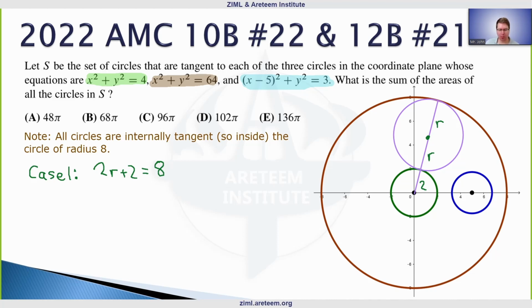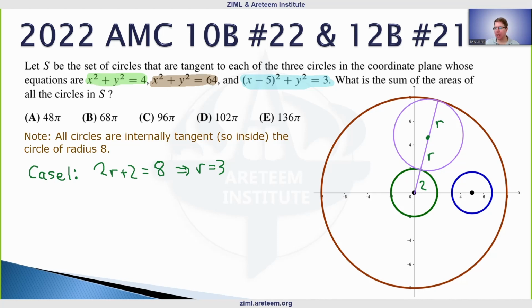So 2r plus 2 equals 8, and this tells us that we have a radius of 3 in this scenario.